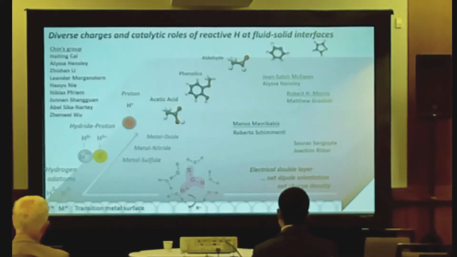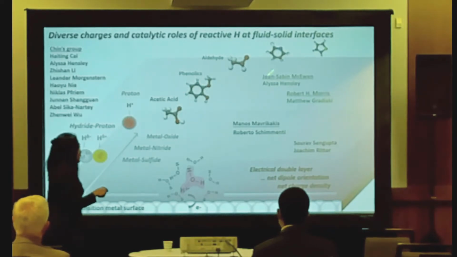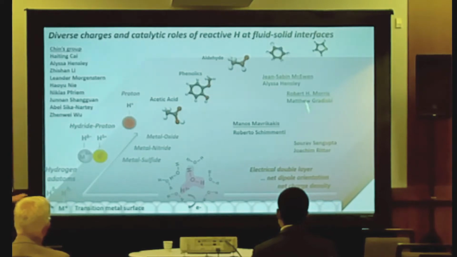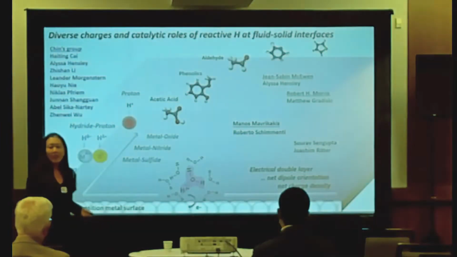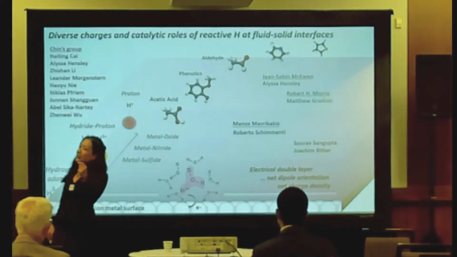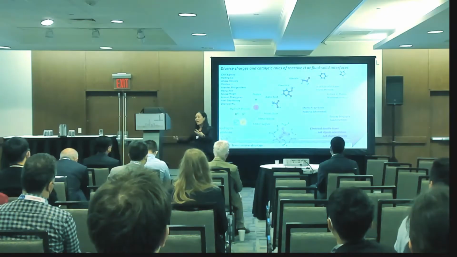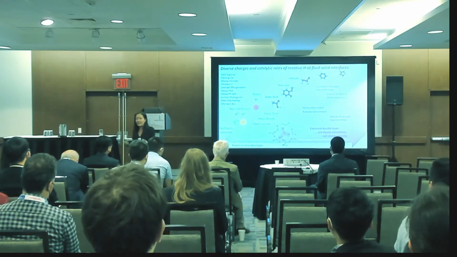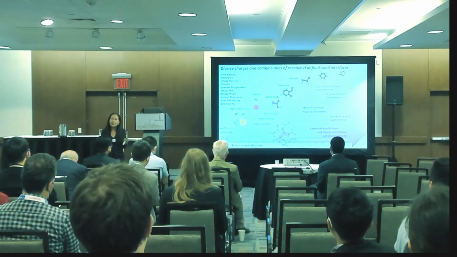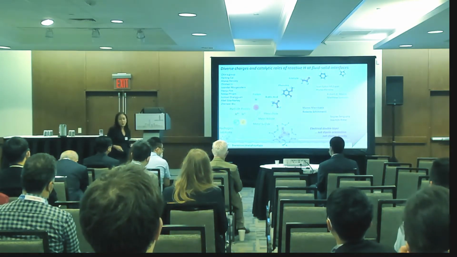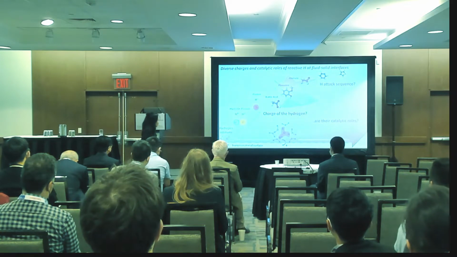The idea here is something that we have thought about in my group and with our collaborators, John Sabin Allen in the audience, Manos Mavrikakis's group, and also collaborators at DuPont: to understand how to tantalize and change the charge of the hydrogen species, how the hydrogen species participate in the reaction, how we could change the reaction pathway, and how we could manipulate the reactivity.